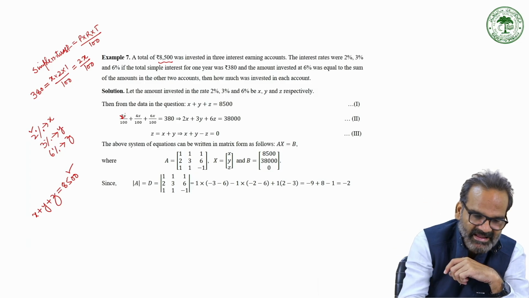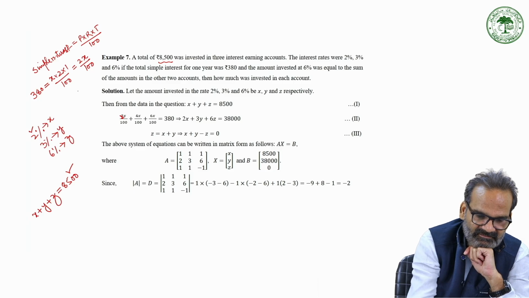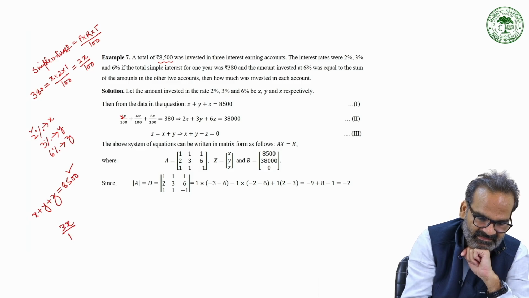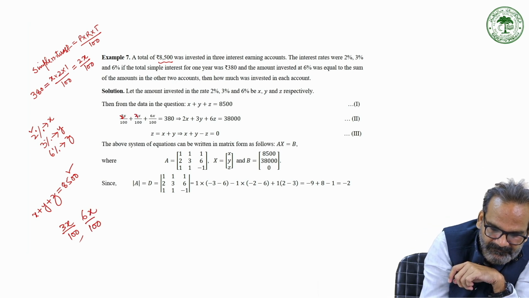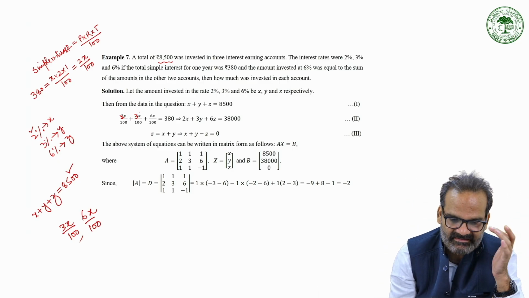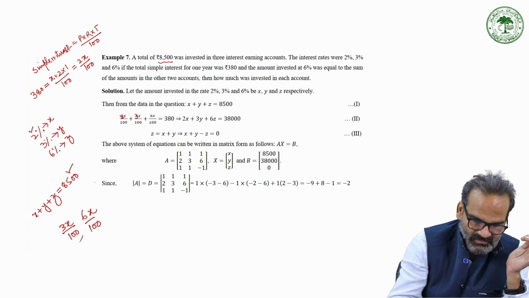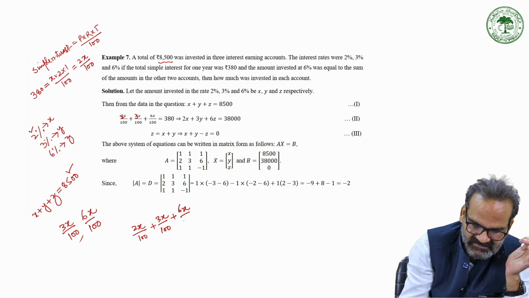Likewise, for the second account, we will get 3y divided by 100, and for the third account, we will get 6z divided by 100. This is equal to 380. So we write 2x divided by 100 plus 3y divided by 100 plus 6z divided by 100 is equal to 380.